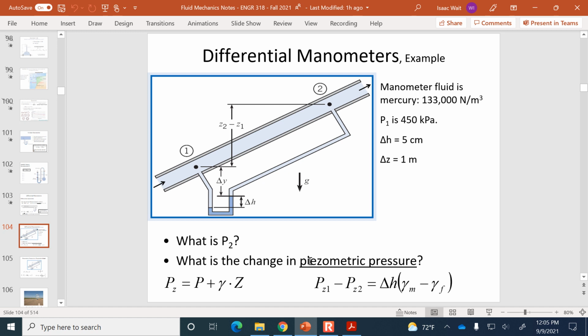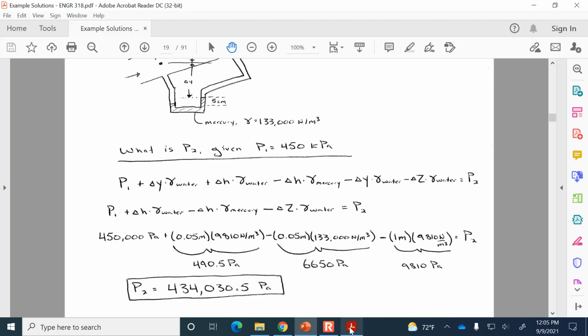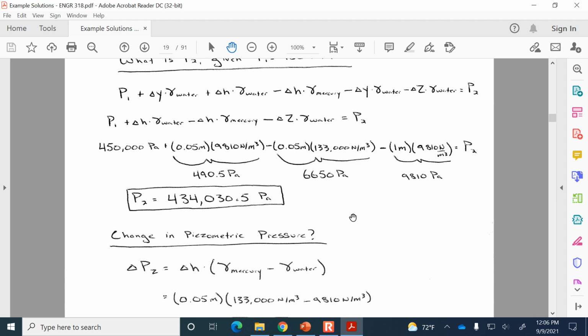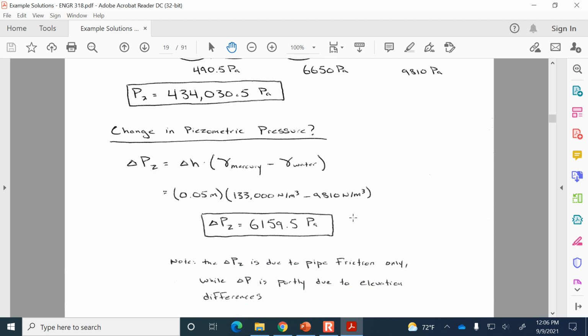So the change in pressure between the 2 points is like, what is that? 16 kilopascals, but it's only 6 kilopascals is the change in piezometric pressure. And the piezometric pressure is telling you how much of the pressure change was due to pipe friction.